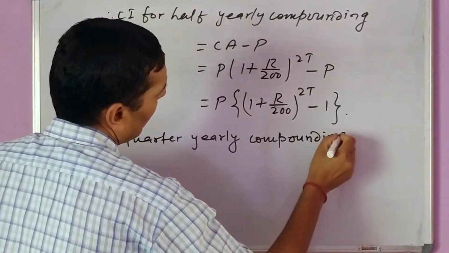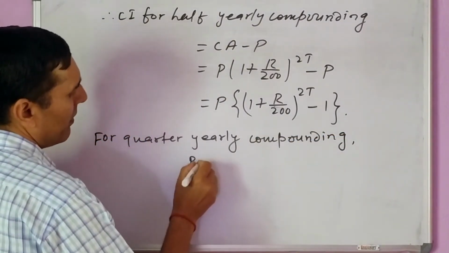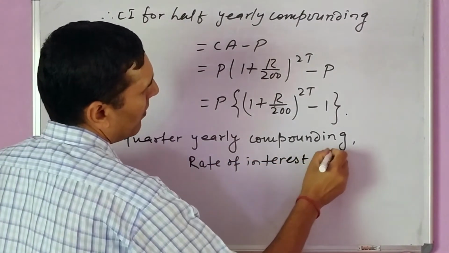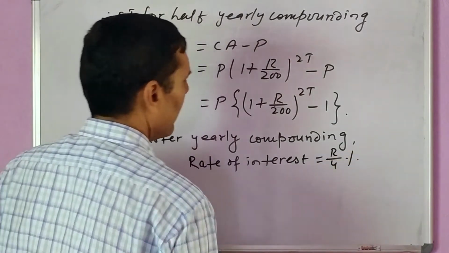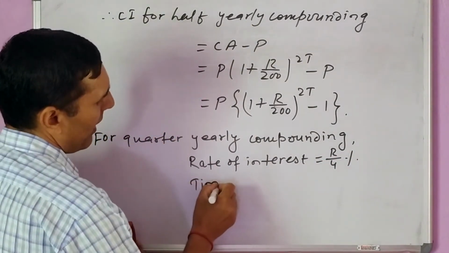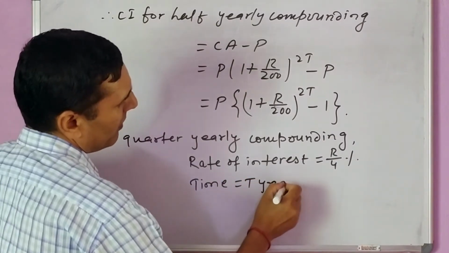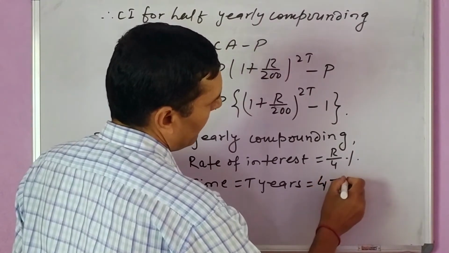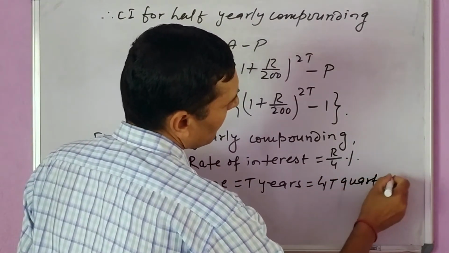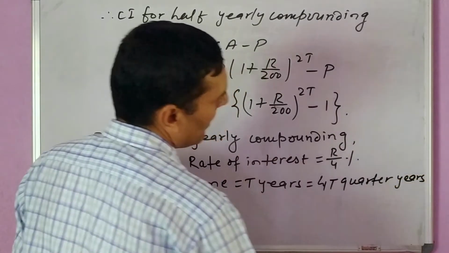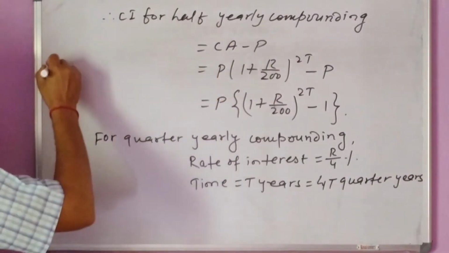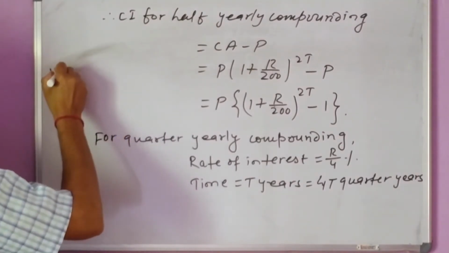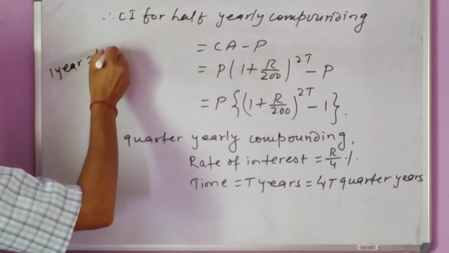Similarly, for quarter yearly compounding, rate of interest will be R upon 4%, and time T years is equal to, in T years, how many quarter years are there? 4 quarter years, 4 times T. Because you know that in 1 year there are 4 quarter years. 1 year is equal to 4 quarter years.